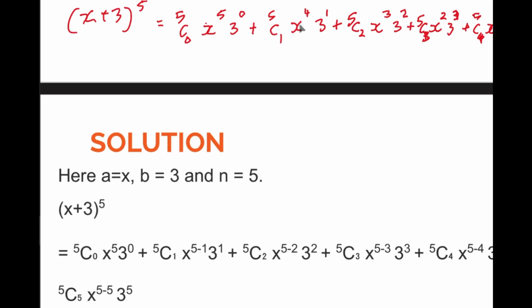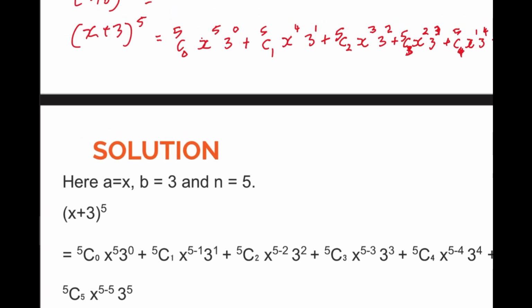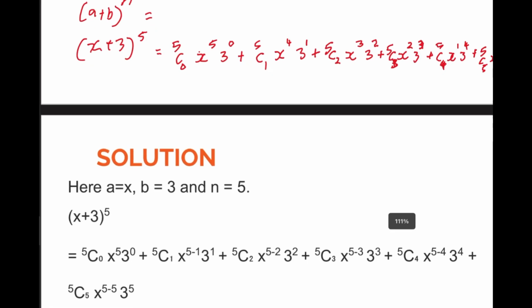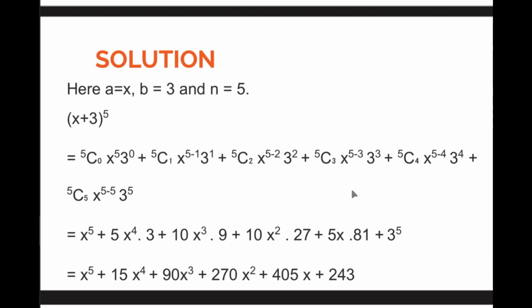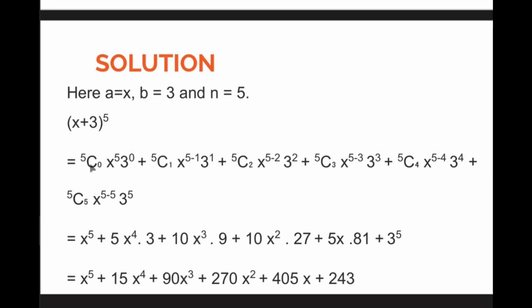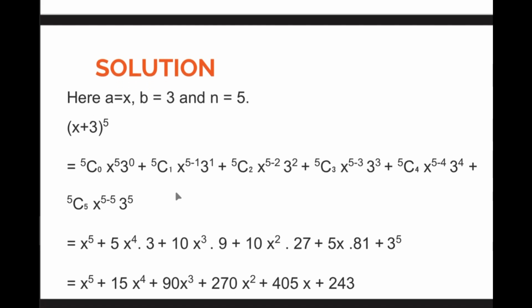But that's fine. In the next line we're going to do that. All right, let's scroll this in a little bit. The next line is the same, x to the 5th. Okay, so we would have put here the coefficients first.